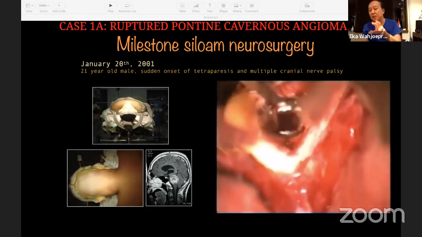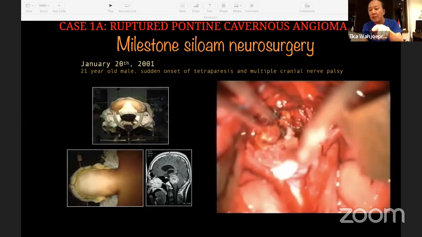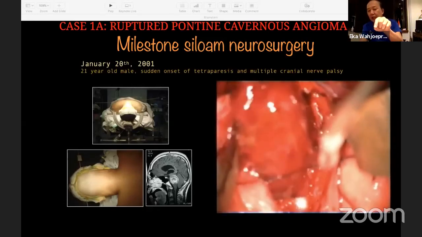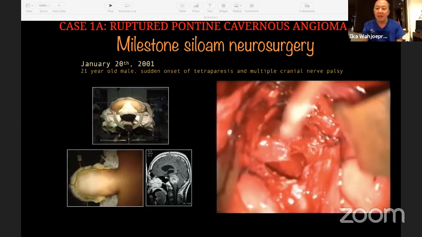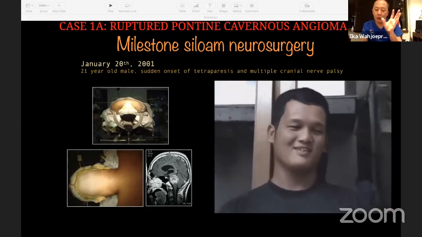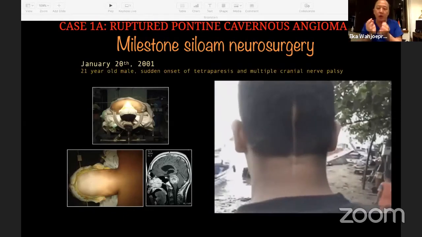After splitting, we can see the cavernoma directly. And once we touch and pull the capsule, you can see I actually did it unintentionally, just like a baby being born. Why? Again, because this is a halo sign, because the capsule is covered by oil.